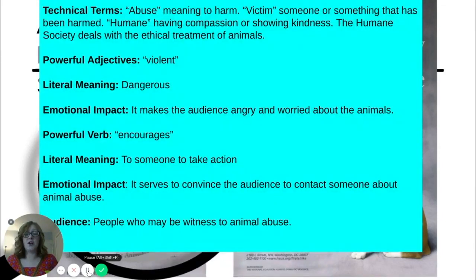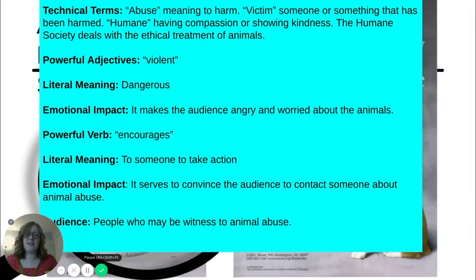The technical terms that will help you understand this advertisement are abuse, meaning to harm; victim, someone or something that has been harmed; humane, having compassion or showing kindness. The Humane Society deals with ethical treatment of animals. A powerful adjective you might find is violent.